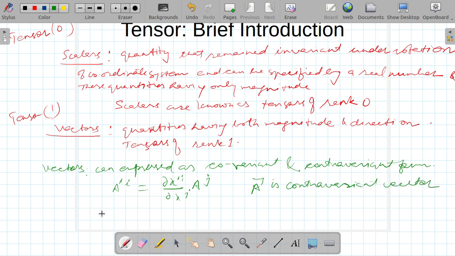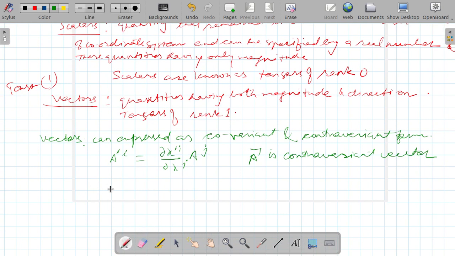On the other hand, if I express a vector in this form, whose components are partial xj over partial x prime i times Aj, that means the vector A which I am defining using these two components in different frames of reference, then this A is known as a covariant vector.